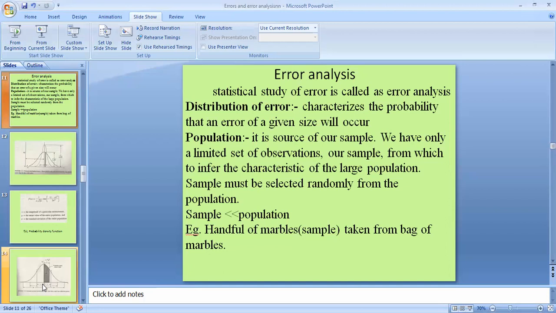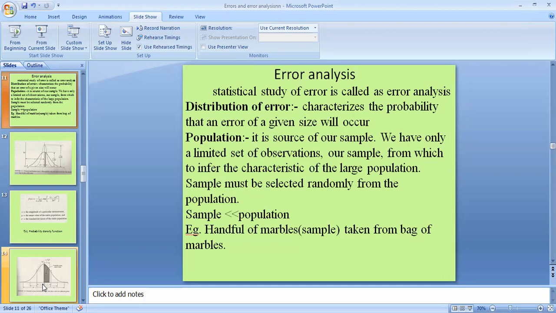So we take many readings. When we take a very large number of readings, we can say it is a population. But we cannot have the population, because we have limited time. So we take sample readings. A sample is very, very small compared to the population. For example, there is a bag of marbles and we take some 5 or 6 marbles from that bag.